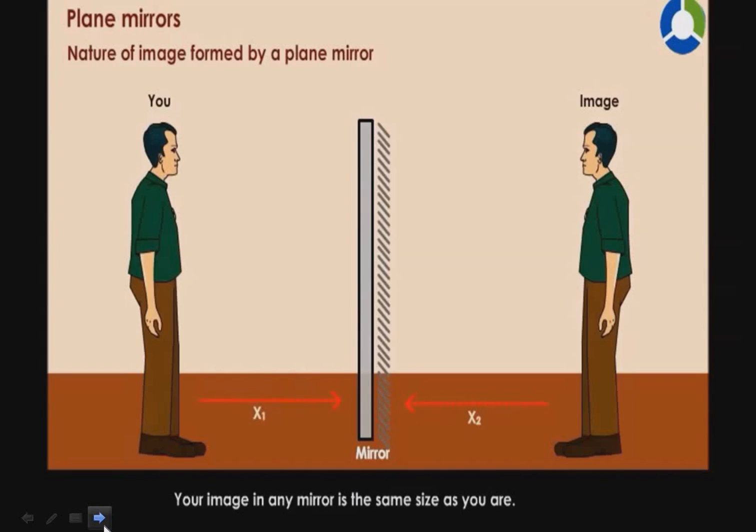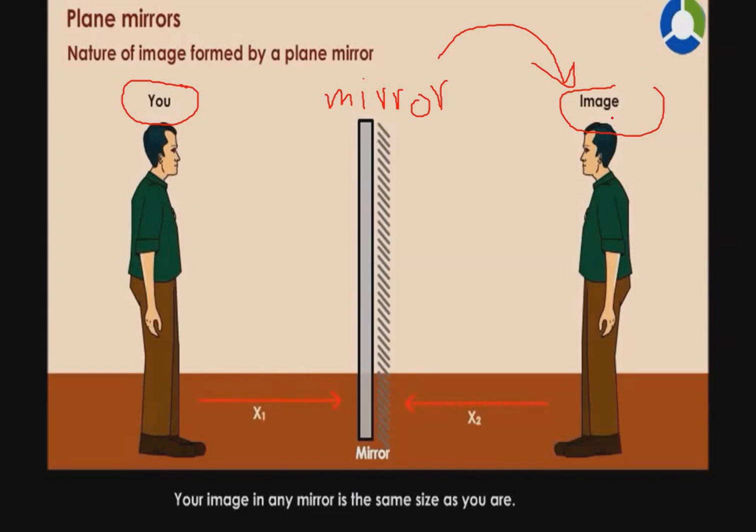What about the distance? The image formed appears to be behind the mirror. This is the mirror, and this is where you are standing in front of the mirror. So the image appears to be formed behind the mirror. This is your image.